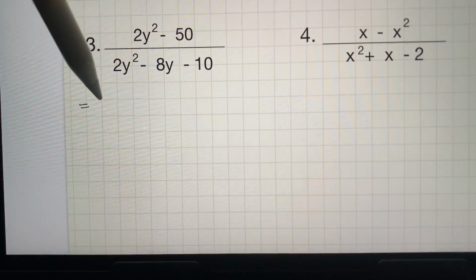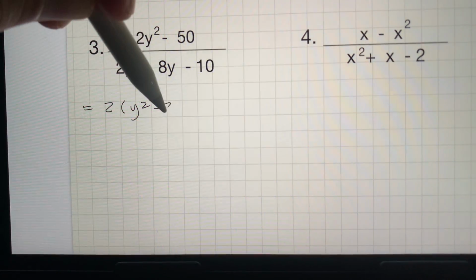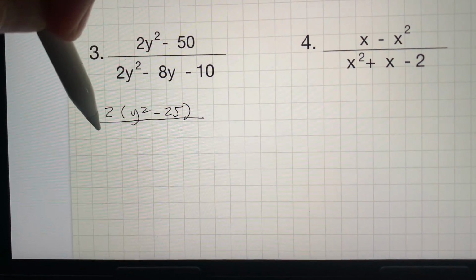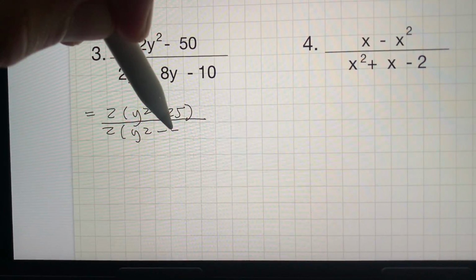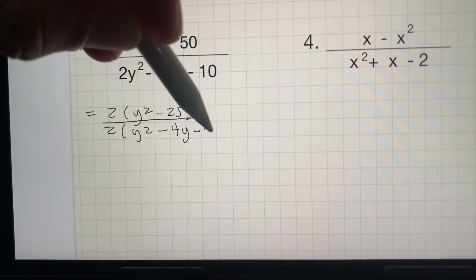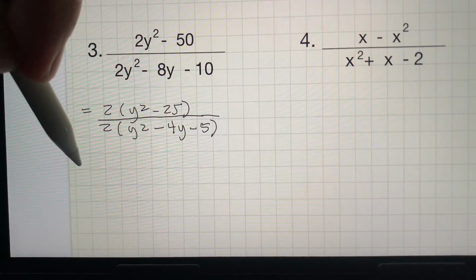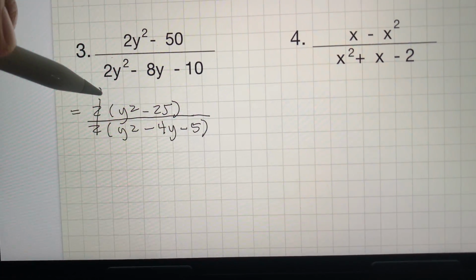So I can say 2 times y squared minus 25 divided by 2 times y squared minus 4y minus 5. If you notice, I can eliminate the 2 already.